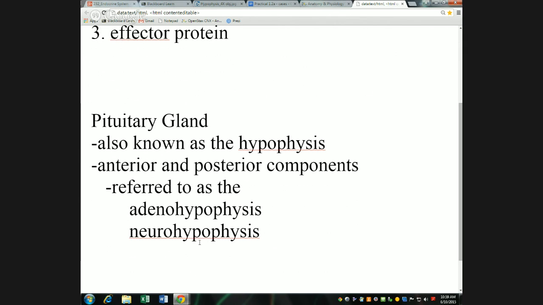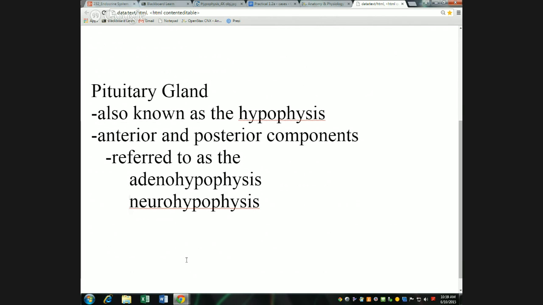I'm just trying to arrange the words on the screen. So yes, when we're talking about the pituitary gland, we talk about the anterior and posterior components. When we refer to the hypophysis, we don't use anterior and posterior. Instead, we use adeno and neuro. Okay. So to explain what these words mean, now let me go back to the picture.